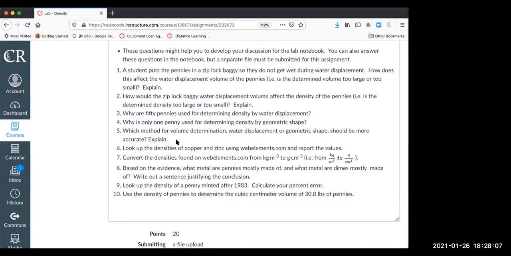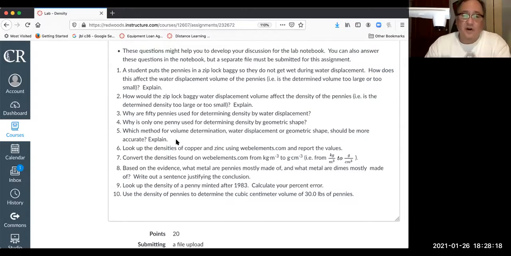The density would be less if you use the baggie because density is mass over volume. So larger volume would make a smaller number. Exactly, because the volume is on the bottom. If you have too big of a number, it'll make the density overall smaller. Perfect answer. So those are the kinds of answers I'm expecting.